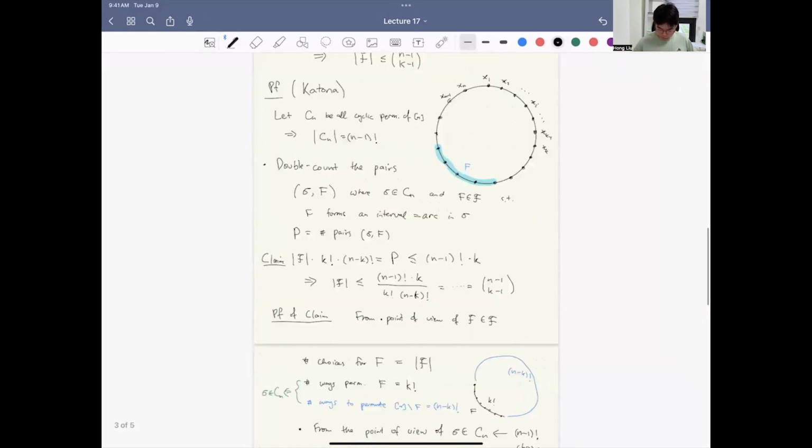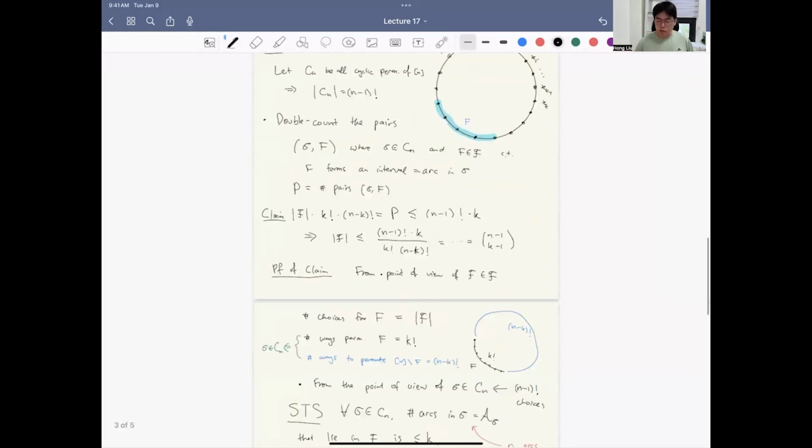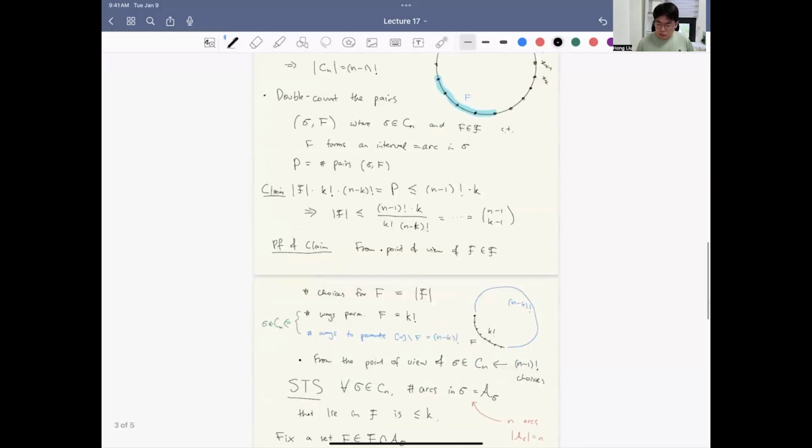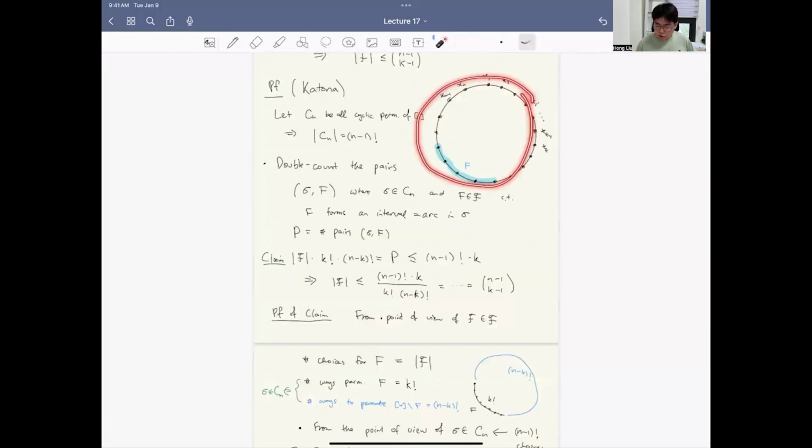Let's recall this proof. We're double counting all possible cyclic permutations and looking at the number of arcs from the cyclic permutation that are sets in our intersecting family F. Now what we're going to do is not double count over all cyclic permutations.